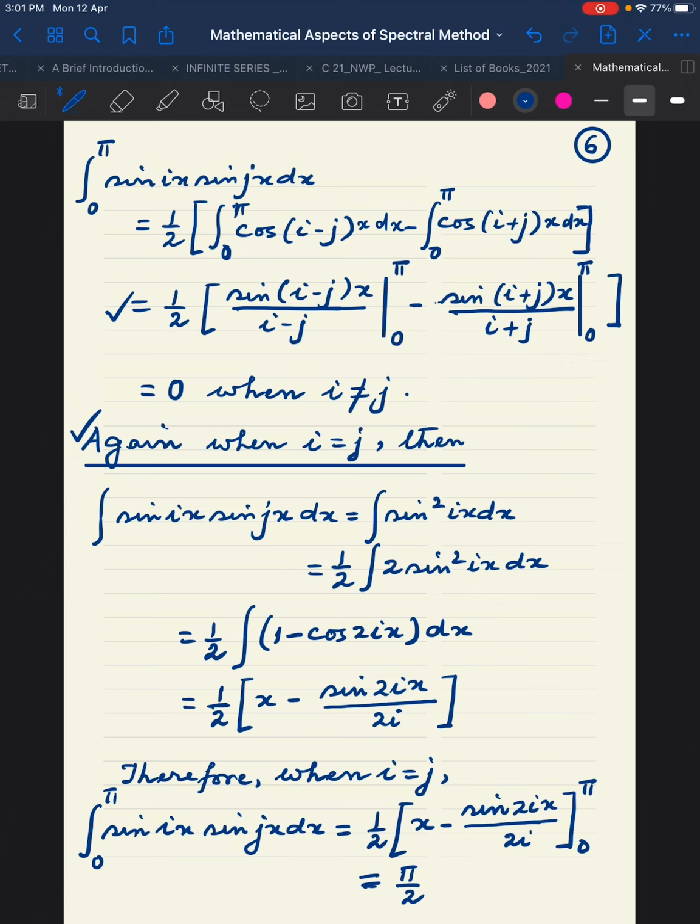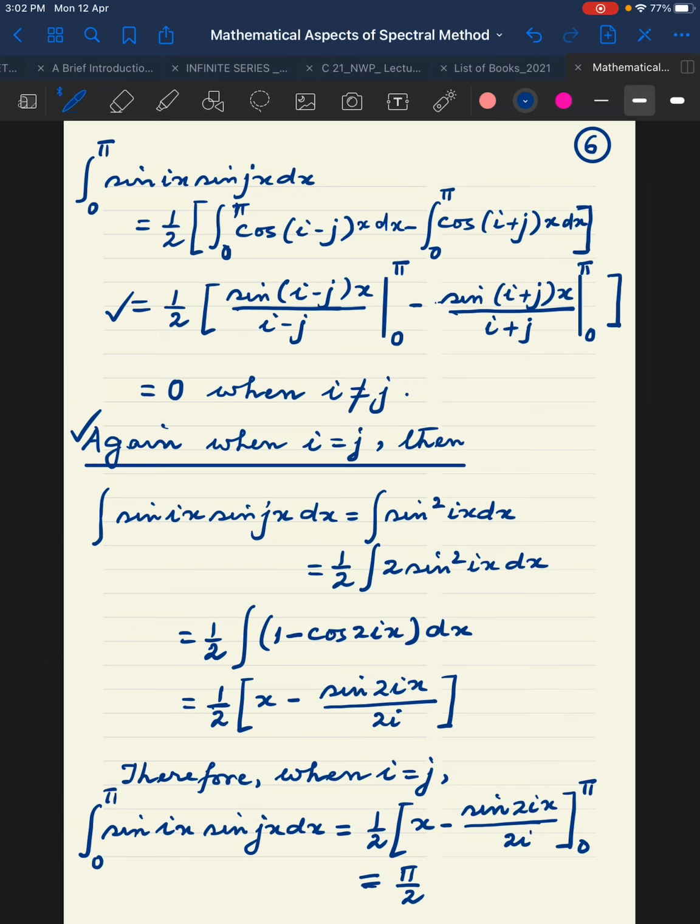So I can write it as sin square ix dx, which I can write as half into integral 2 sin square ix dx, and then I have replaced 2 sin square ix by the simple trigonometric formula, that is 1 minus cos 2ix dx, and after integrating what we get, half into x minus sin 2ix by 2i.